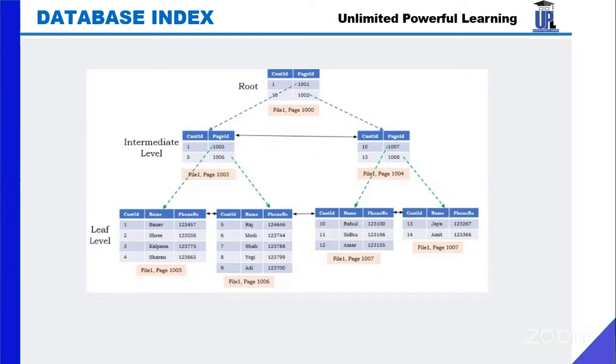This is one type of indexing. It may be considered a B-tree index also. Index means, like in your textbook, how we identify the chapter content or page content. It is organized similarly, and this concept we call indexes.